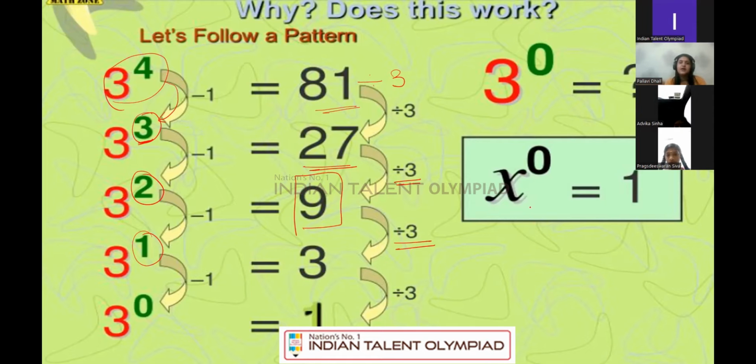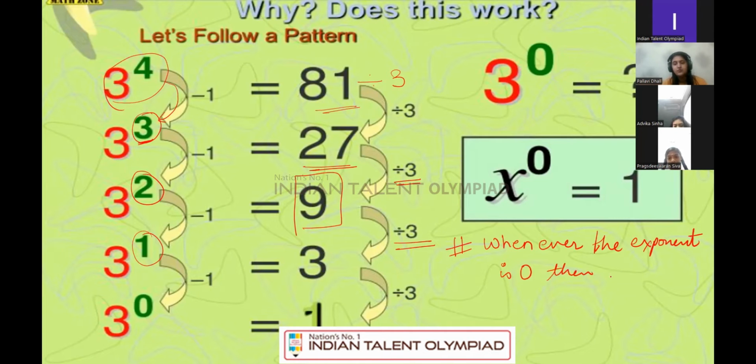And here, this is the law, this is a rule: whenever the exponent is 0, then the value will be 1. I think you have only learned this law till now. Why does it happen? Why, if the exponent is 0, is the value 1?